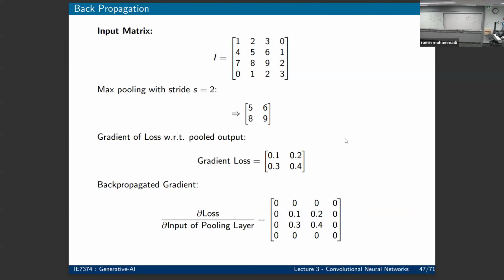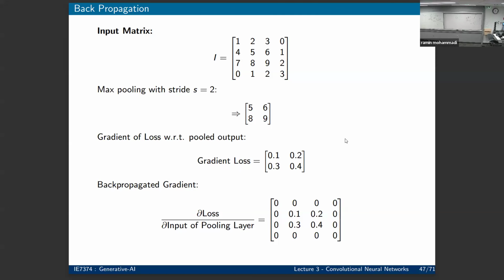All you need to do is remember where this 5 stands in the original data. It is here. So put the gradient for 5 here and 0, 0 for the others. Then you go for 6, put the gradient for 6, 0.2, here and 0, 0, and so on. So you reshape your gradient to match the shape of the input exactly, if you are doing max pooling with a stride of 2.